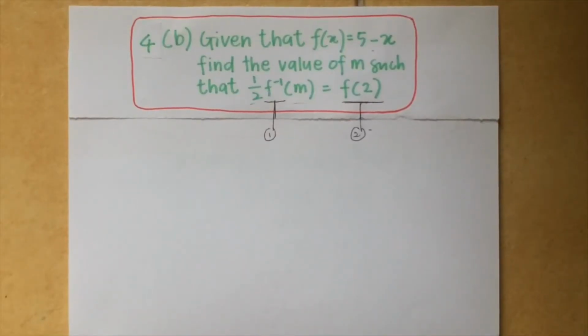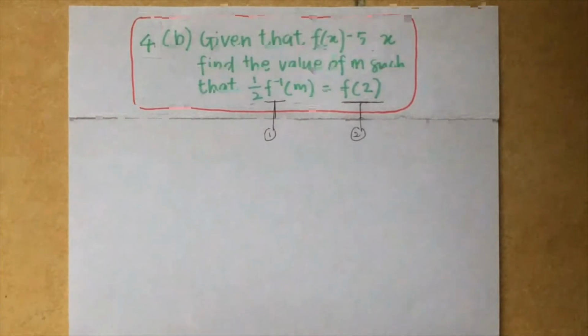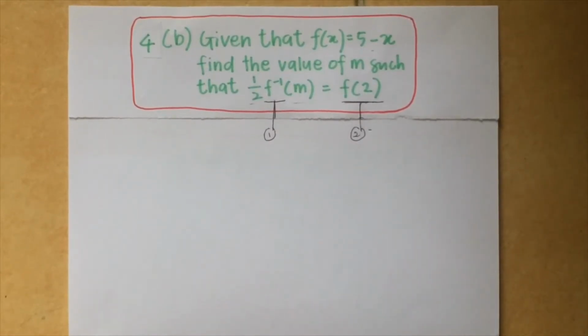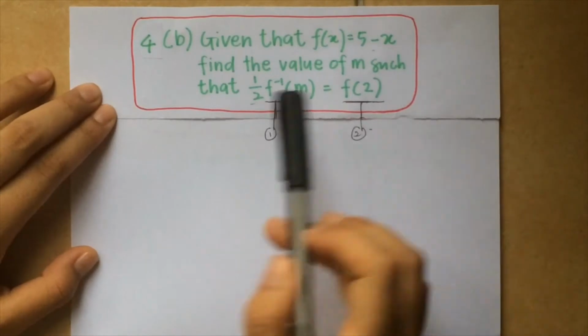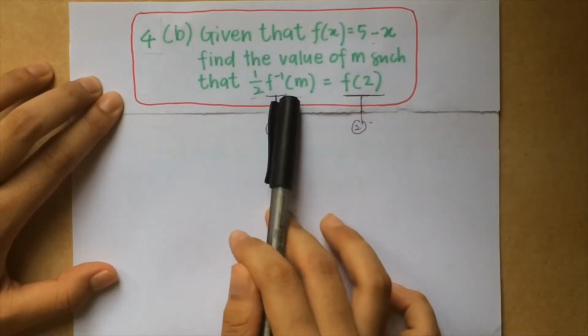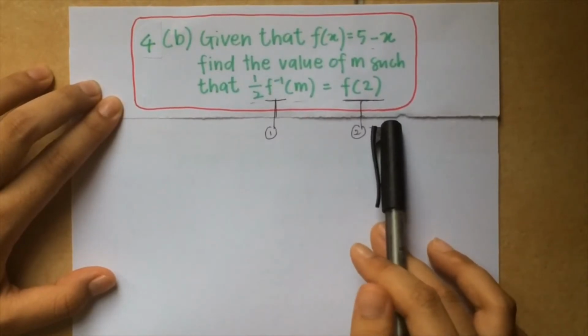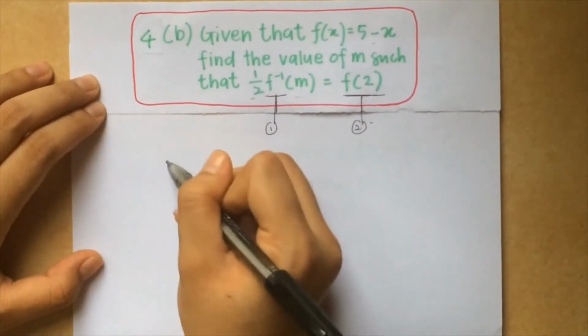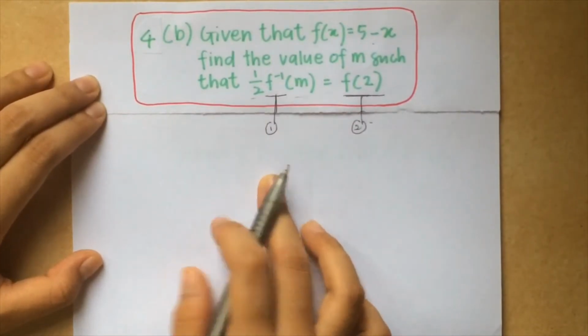So the next question, which is question B, given that f(x) equals 5 minus x and f(m) equals f inverse of 2. So based on this question, it needs us to search for the f inverse and also the product of f(2). So the first thing that we will do is we need to search for the f inverse.